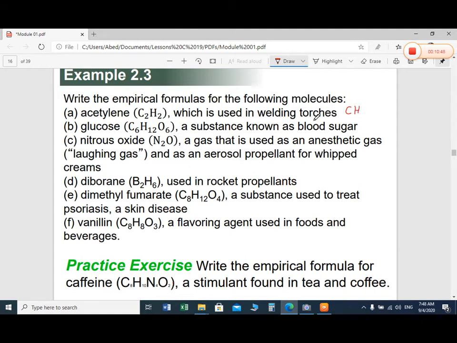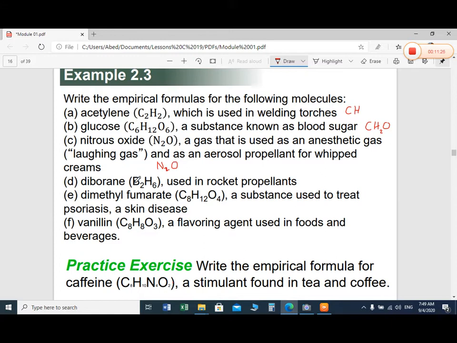Glucose I already taught you just before, and here we divide by 6, so the answer will be C1 H2 and O1. Okay, the nitrous oxide: because here is a single atom of oxygen, we can divide only by 1, so the answer will be the same. N2, let me write the 2 clear, N2O1.